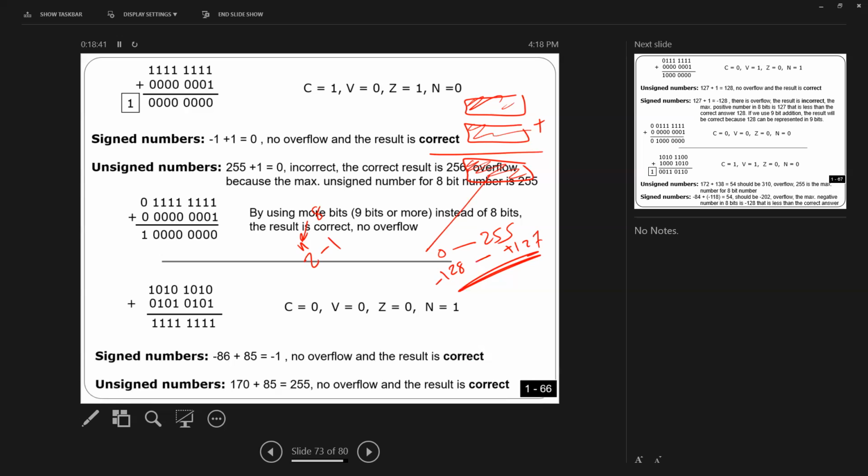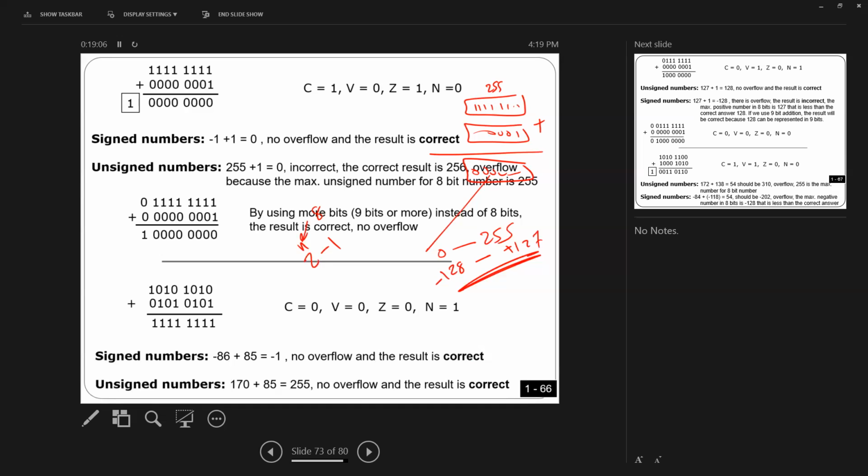For example, if I add 255, which is 8 ones, to number 1, what you are going to get here is 0. I'm going to elaborate on why, but anyway, you're going to get 0. Because of this overflow, the correct result is 256, and I can't store 256 in a byte.